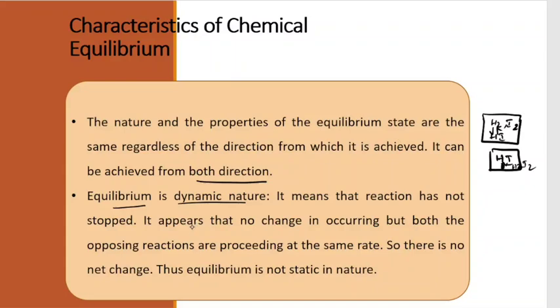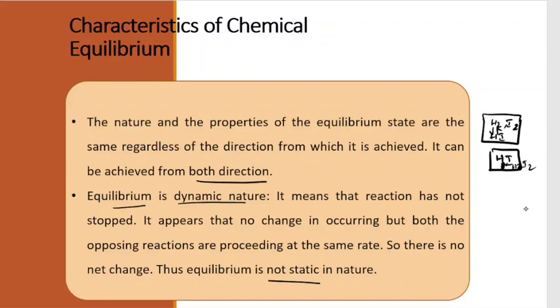Though the concentrations of reactants and products are constant at equilibrium, we came to know that both the forward reaction and the backward reaction take place to the same extent. Continuously they are taking place. That means the equilibrium is not static in nature, it is continuously in motion. That is what the dynamic nature is.